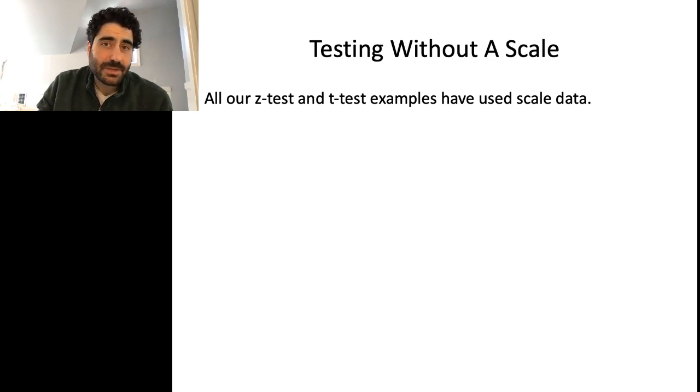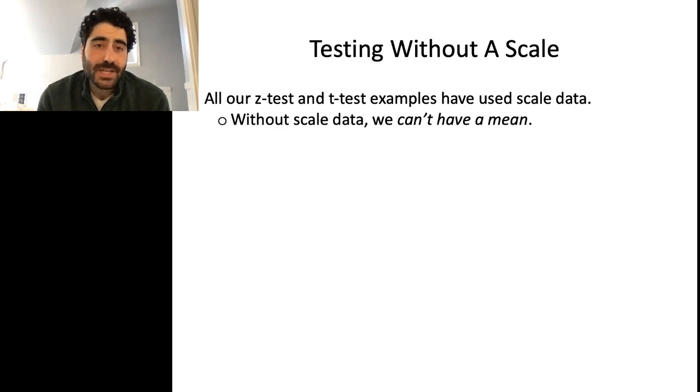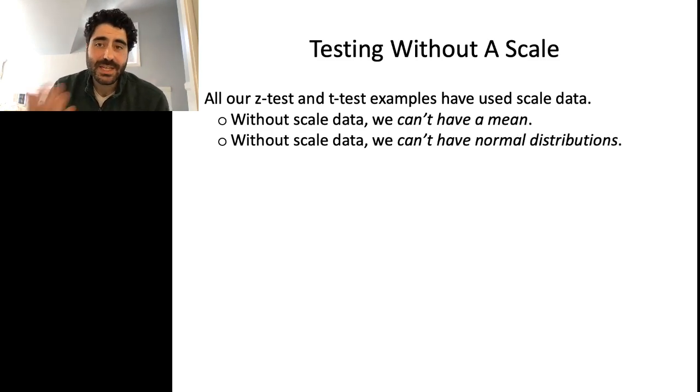We talked near the very beginning of the course that there are other kinds of data. For example, we might have data that we can't compute a mean on. And so the mathematical machinery we've been talking about over the last couple lectures doesn't really work for this case, right? We can't get a mean, we can't get a normal distribution.